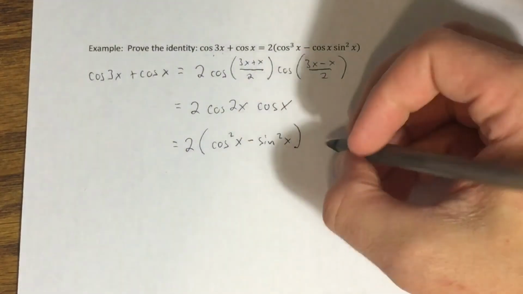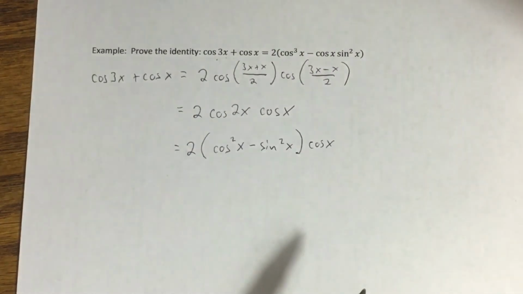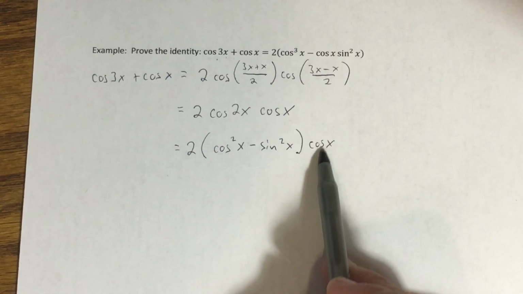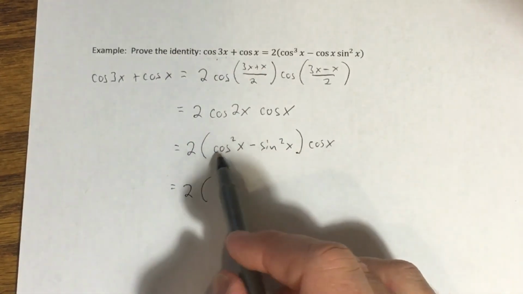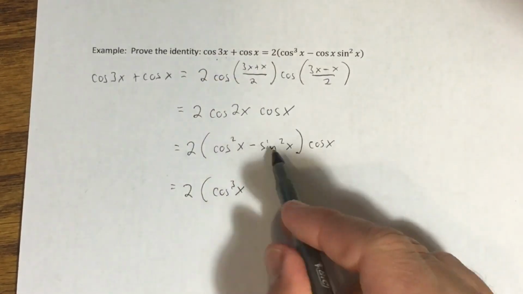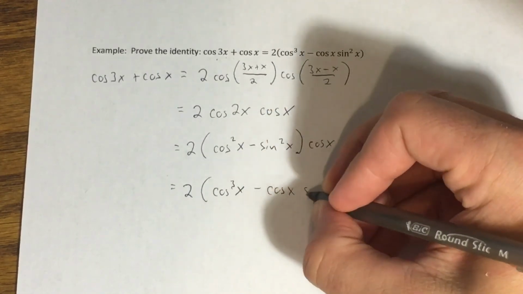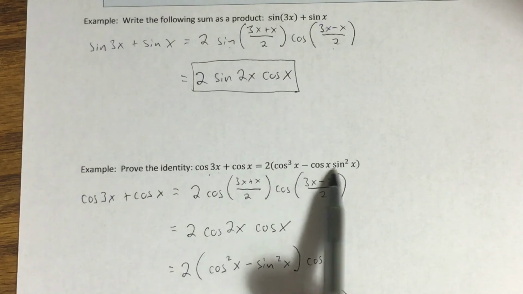Then I also have this cosine of x here. It's starting to look a lot like what we have. If I were to take that cosine and distribute it into the parentheses, then I have 2 cosine squared times cosine would be cosine cubed of x minus cosine times the sine squared of x that was already there. And that is what we were asked to prove.